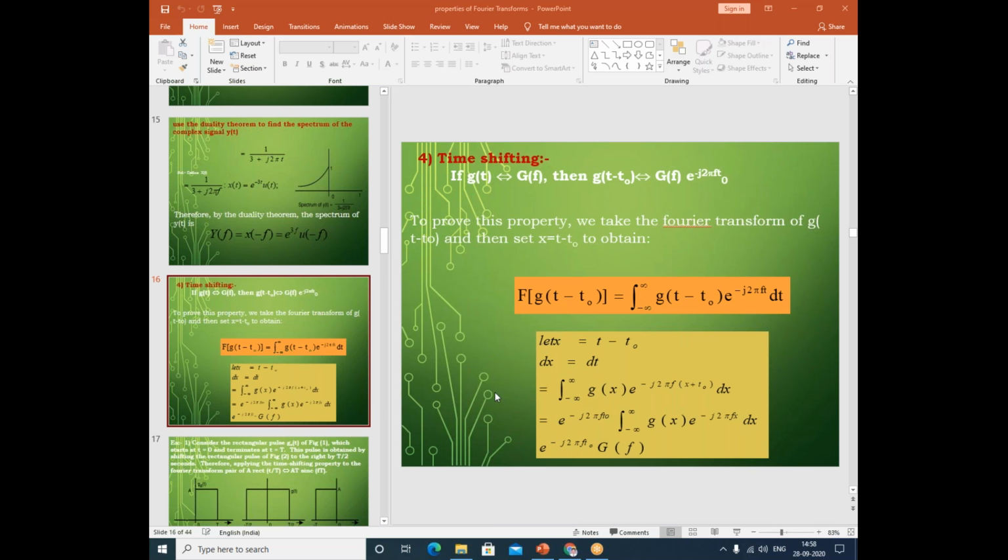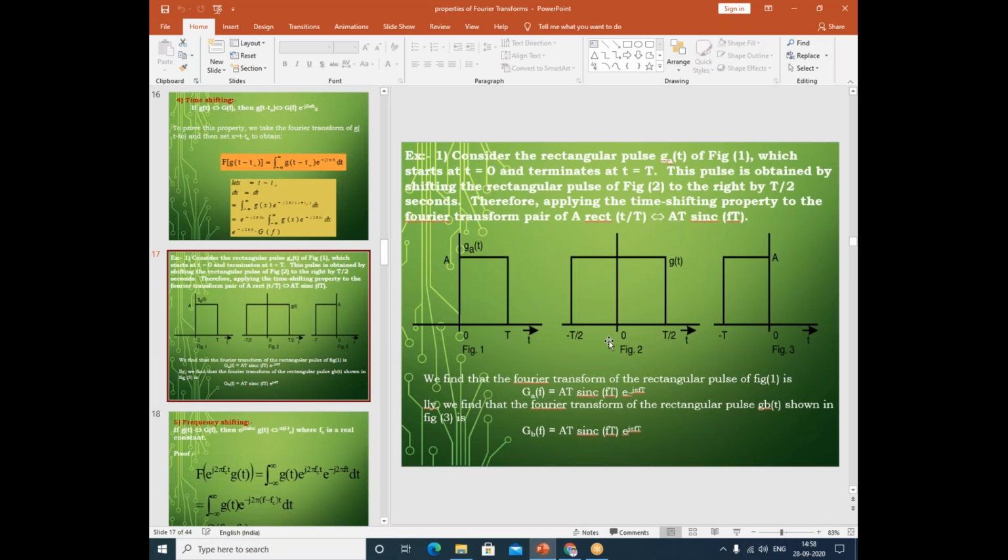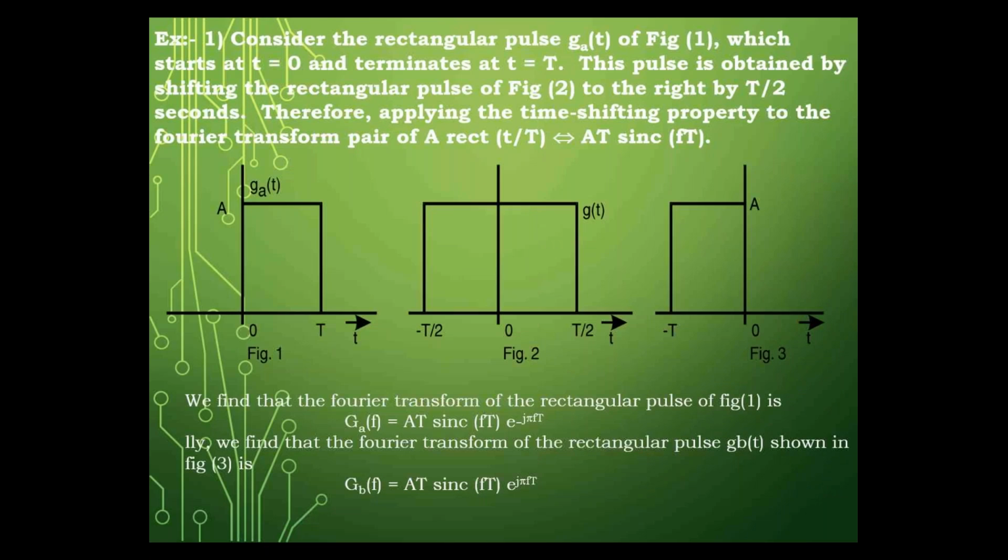Now we'll see one example on this time shifting property. So now I'm going to take you to the next slide. Now observe this slide. Here we know the Fourier transform of a rectangular pulse of duration t, which is existing from minus t by 2 to t by 2.